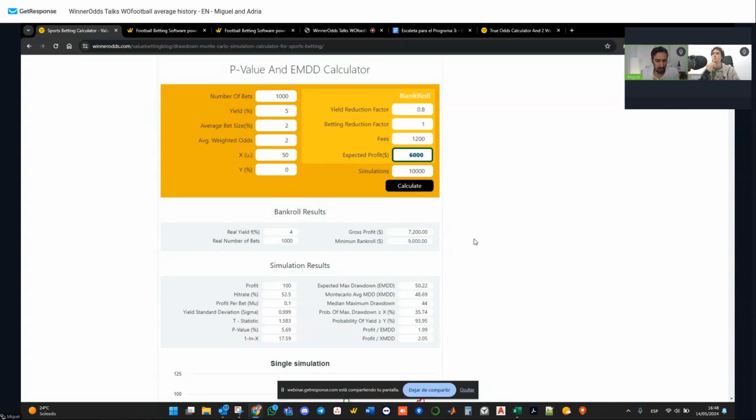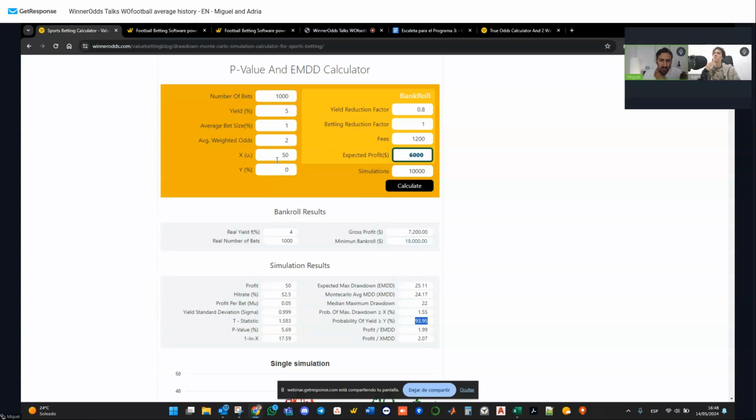But for small bankrolls below 3,000 euros or below 5,000 euros, we recommend to follow the bet size and not increase it because you are assuming a very big risk. But this bet size doesn't affect the probability of positive yield, because it's just proportional. So it affects the drawdown, but not the probability of obtaining profit at the end.